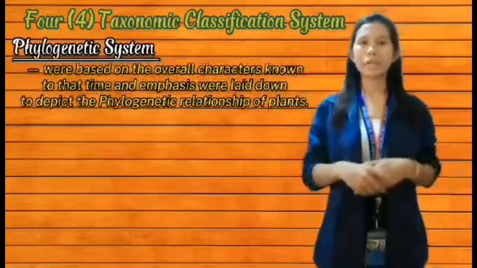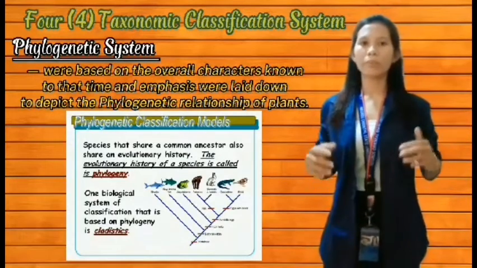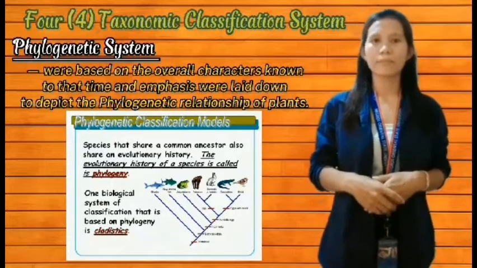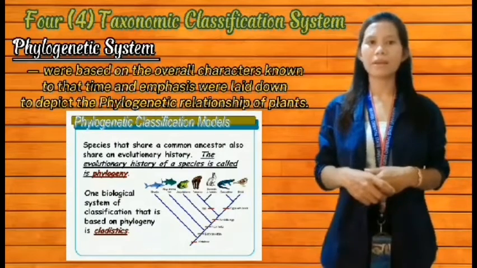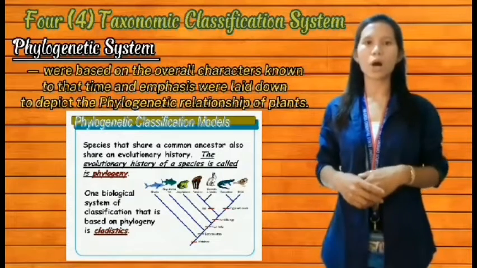The last is the phylogenetic system. So these systems of classification were based on the overall characters known at the time, and emphasis was laid on reflecting the phylogenetic relationship of plants.